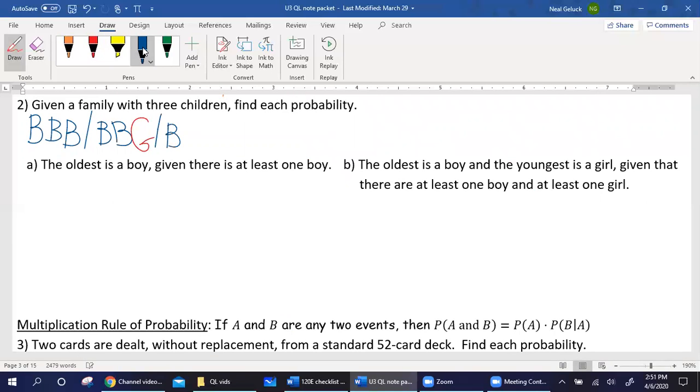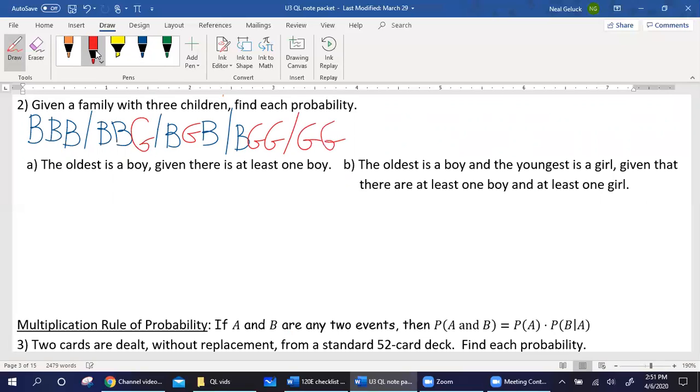It could be boy, girl, boy. It could be boy, girl, girl. Okay, so there's all the boy leading. Now I'll do girl leading.